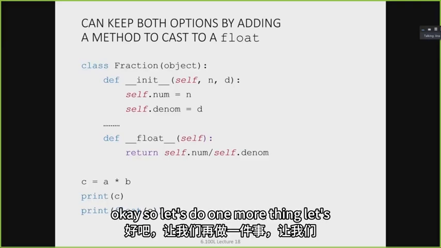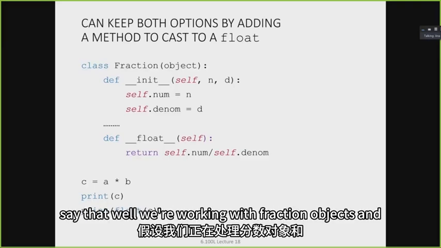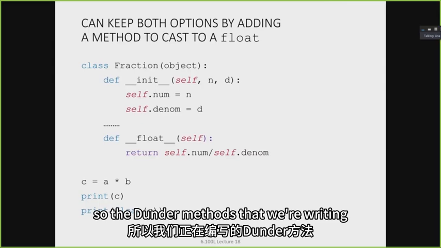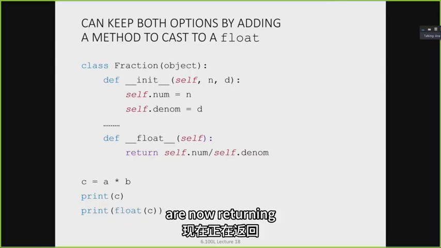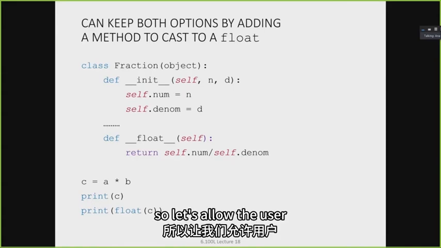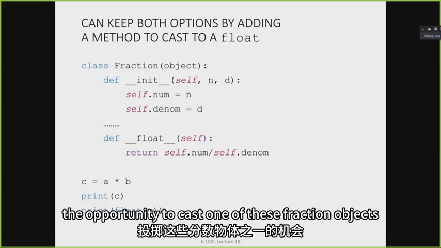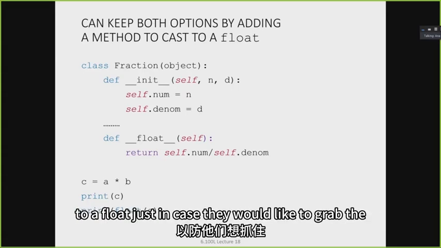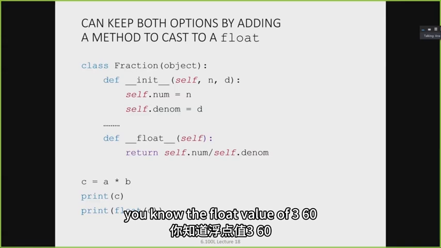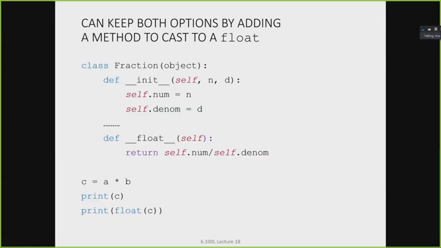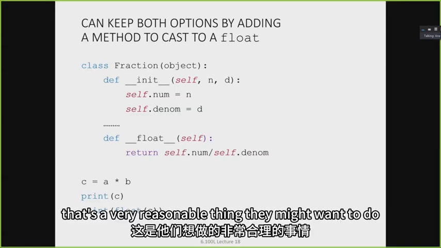Okay, so let's do one more thing. Let's say we're working with fraction objects, and the dunder methods that we're writing are now returning other fraction objects. So let's allow the user the opportunity to cast one of these fraction objects to a float, just in case they would like to grab the float value of 3/16. That's a very reasonable thing they might want to do.